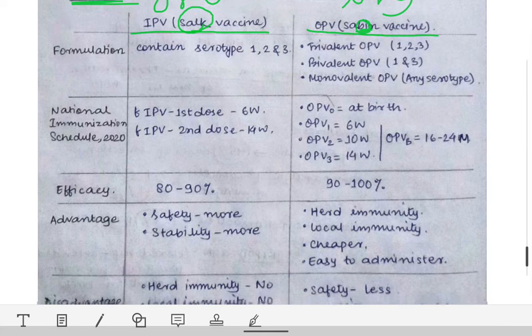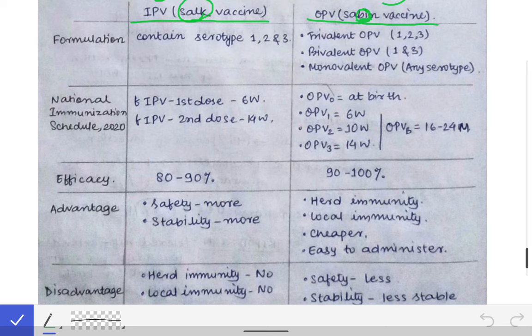Coming to the formulations, so injectable polio vaccine contains all the three serotypes 1, 2 and 3, while OPV is present in three forms: the trivalent OPV, which contains 1, 2 and 3, the bivalent OPV, which contains 1 and 3, and the monovalent OPV, which can contain any serotype.